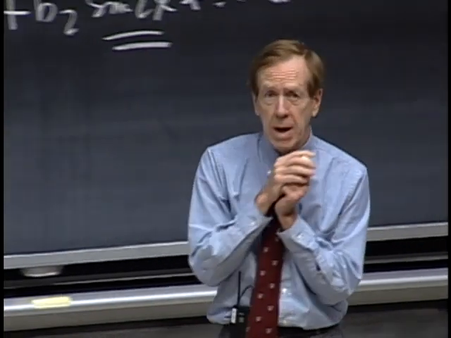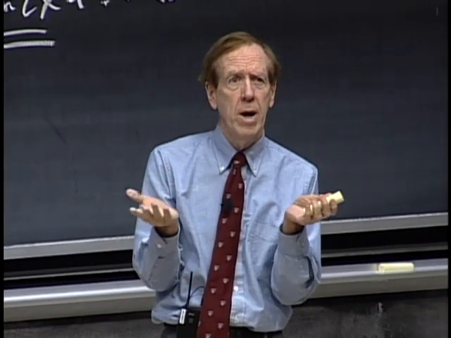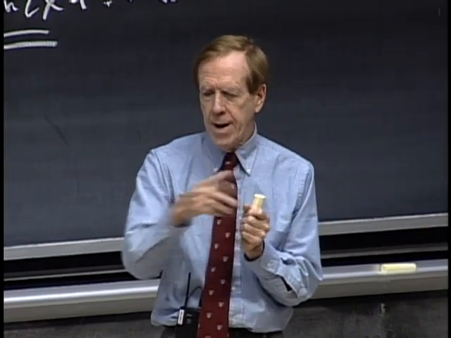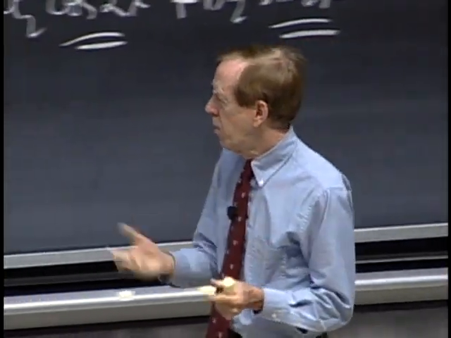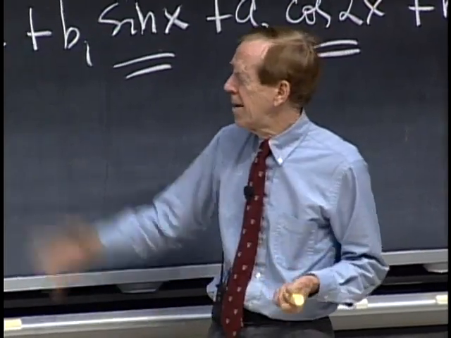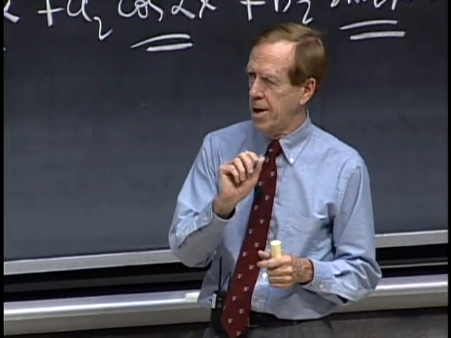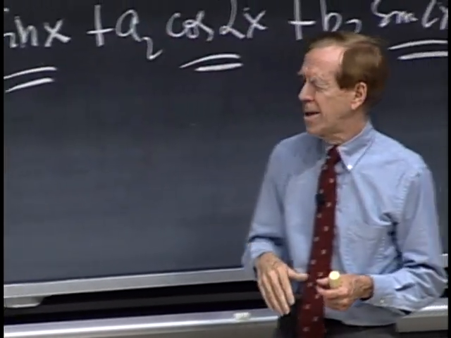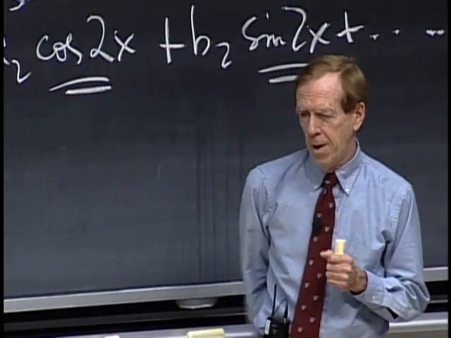Okay, now what do I mean by orthogonal? I know what it means for two vectors to be orthogonal. y transpose x equals 0, right? Dot product equals 0. But what's the dot product of functions? I'm claiming that whatever it is, the dot product, or we would more likely use the word inner product, of, say, cos x with sine x is 0. And cos x with cos 2x, also 0.